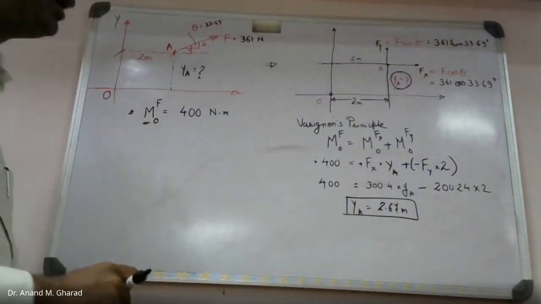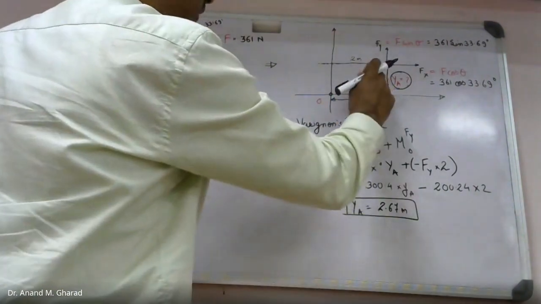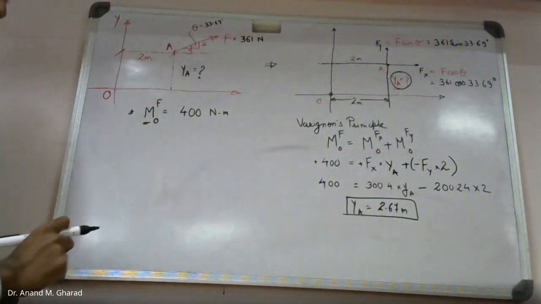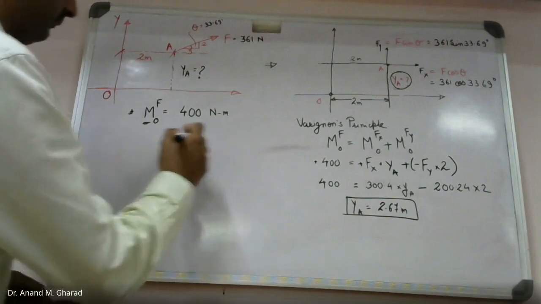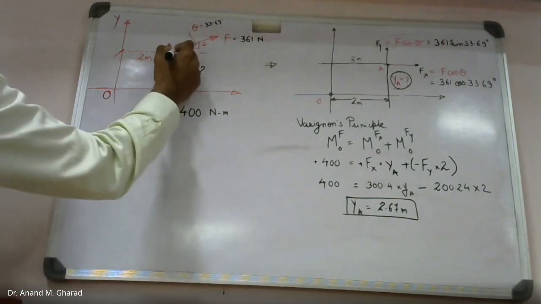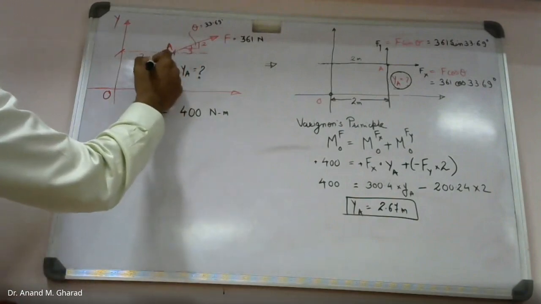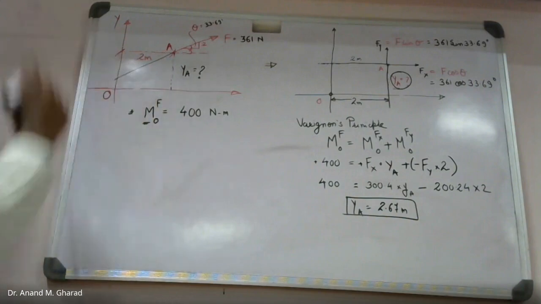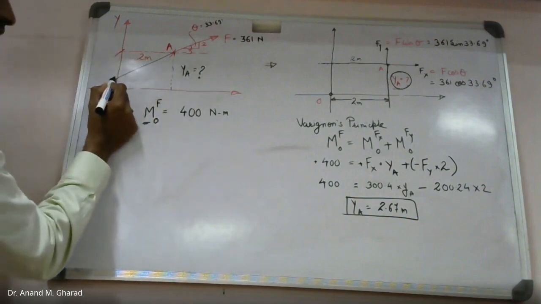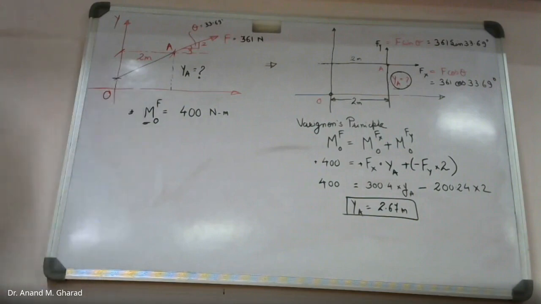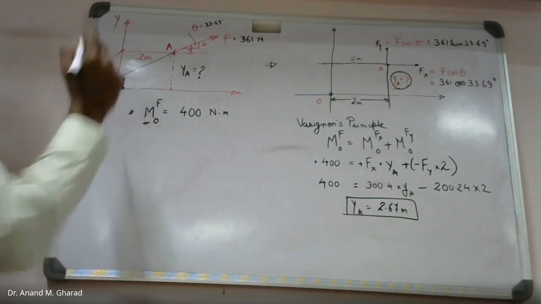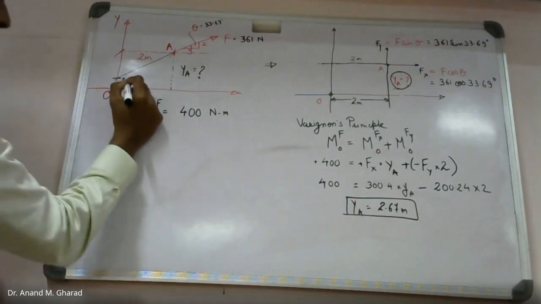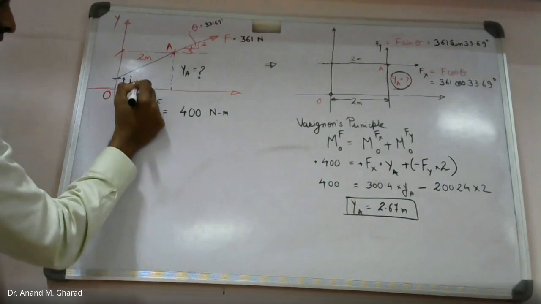Another thing which is asked is that you are supposed to find out the y intercept. So in order to calculate the y intercept, you are supposed to extend the line of action of this force and see what should be this intersection. That is this much distance. Okay, so let me call this distance Iy.